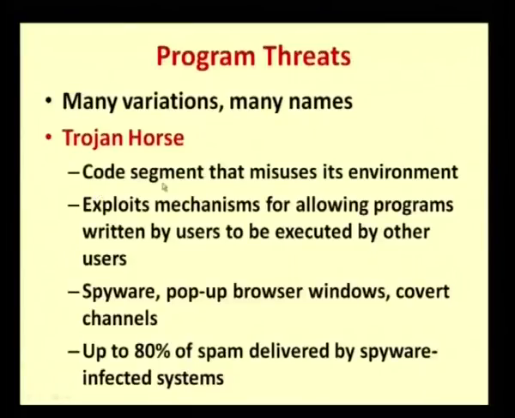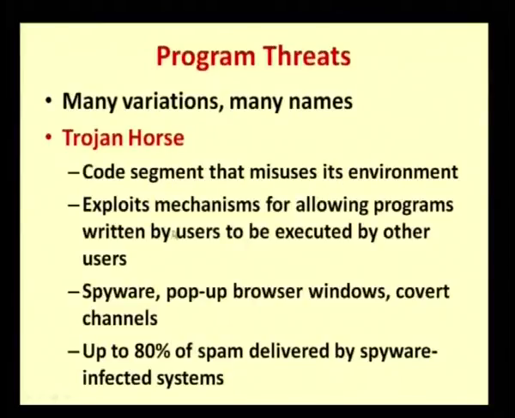Now, let us see the program threats. What are the different program threats that we may encounter? I was speaking about a Trojan horse. A Trojan horse is also a virus which takes place through a network. A Trojan horse is a code segment that misuses its environment.